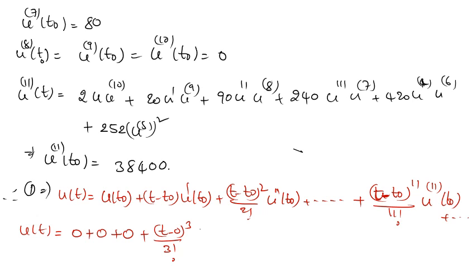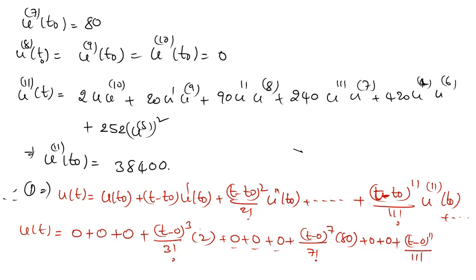What is the u triple dash value? This is 2. Next, 4th derivative 0, 5th derivative 0, 6th derivative 0, right? The 7th derivative, t minus 0 whole power 7 by 7 factorial. What is the 7th derivative? 80, plus 9th 0, 10th 0, and the 11th one, t minus 0 whole power 11 by 11 factorial. The 11th derivative is 38400.